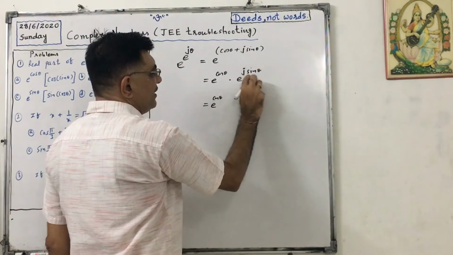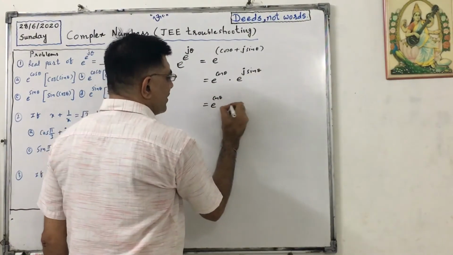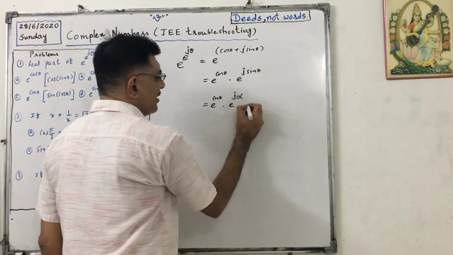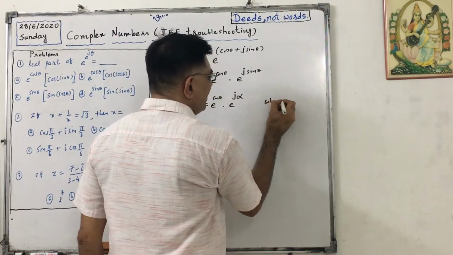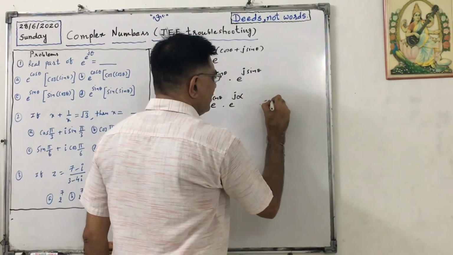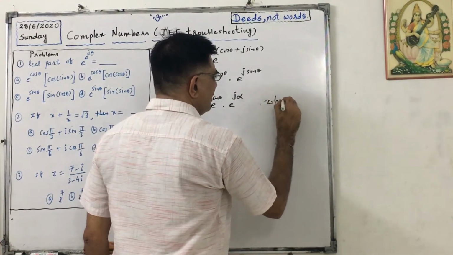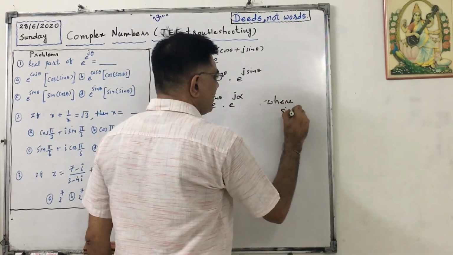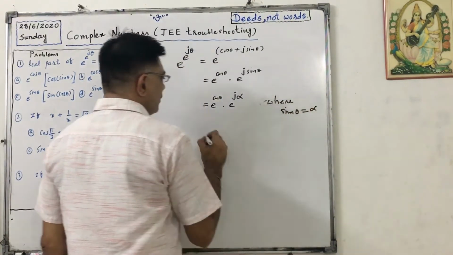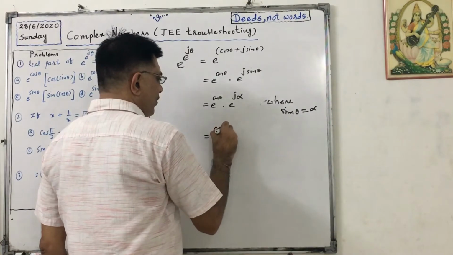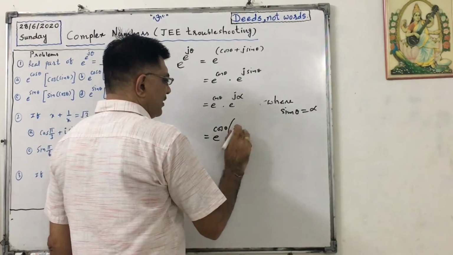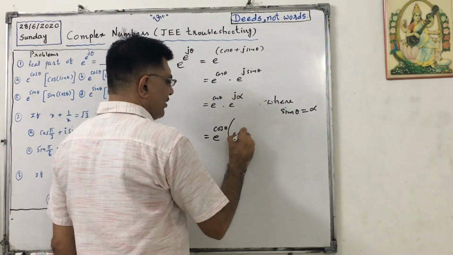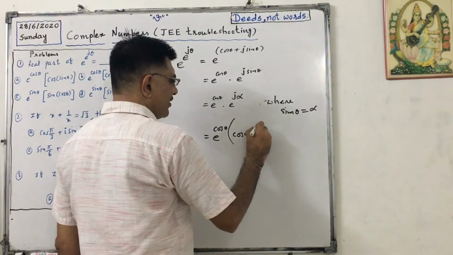Now this sin theta, suppose it is alpha for us. So into e raised to j alpha, where I have considered sin theta as alpha. So now it will become e raised to cos theta. Now e raised to j alpha can be written as cos alpha plus j sin alpha.